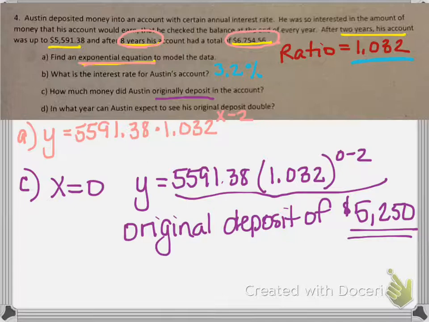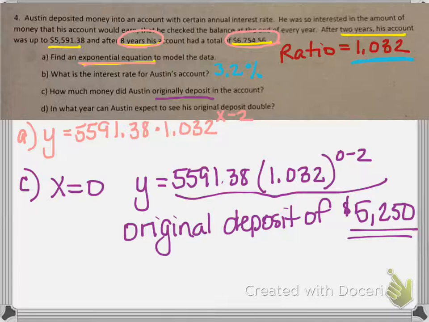All right, and D. In what year can Austin expect to see his original deposit double? Okay, so much like, again, back in number 1, this is a guess and check type problem right now. We will be learning in the next couple of investigations how to actually solve these, but right now it's still guess and check.